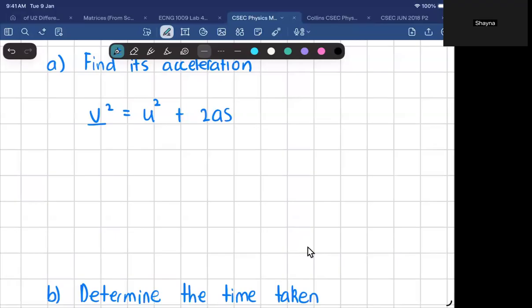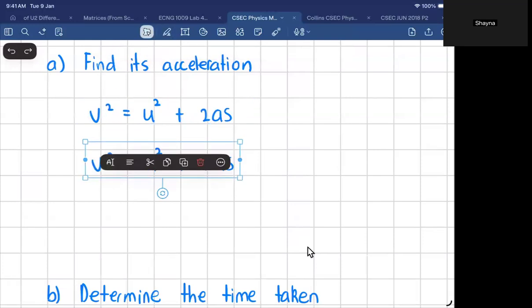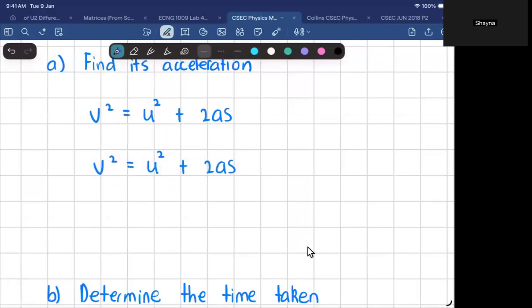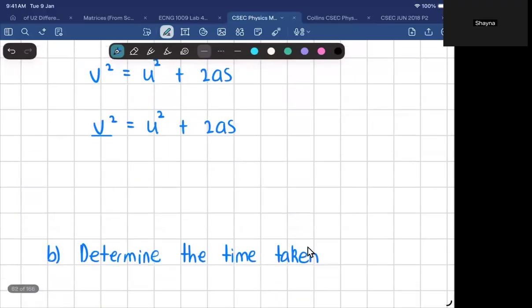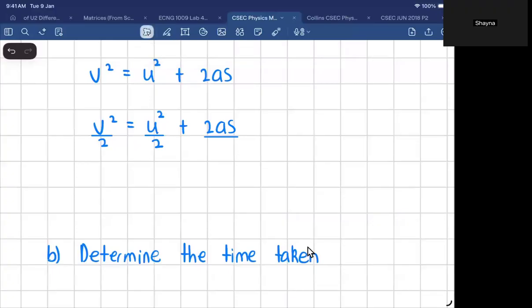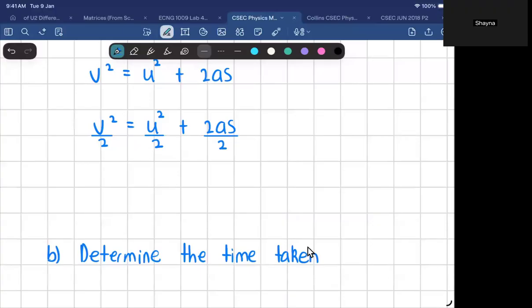Sure. So the thing is, I feel like I do questions where we find acceleration enough that I just write a equals v squared minus u squared over 2s.